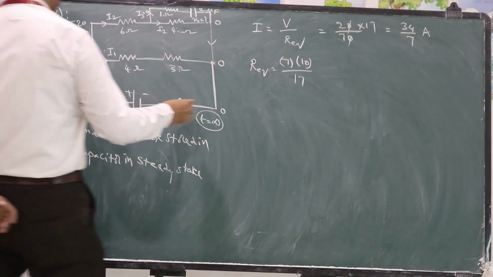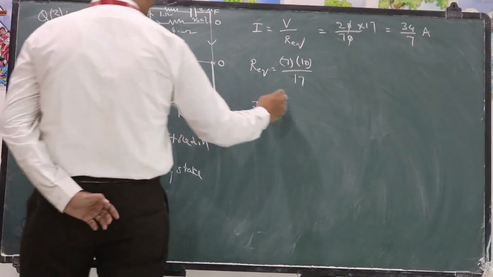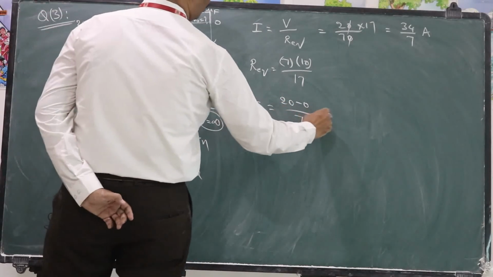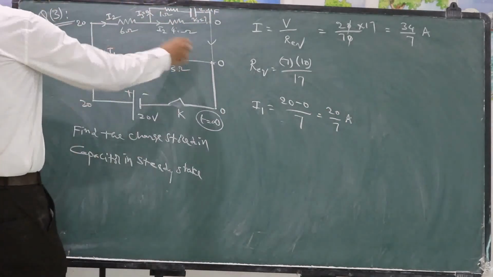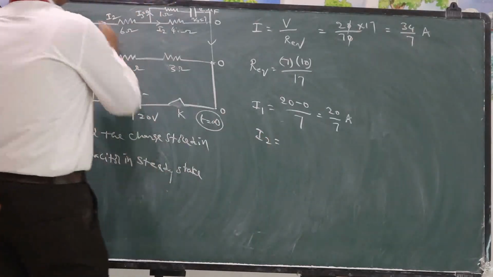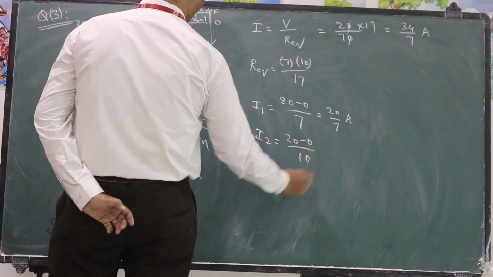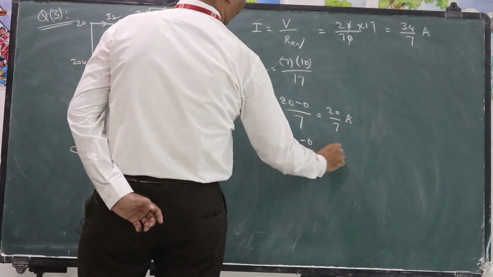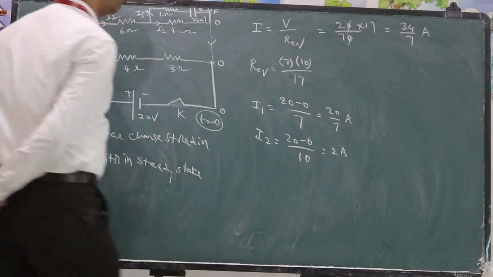I1 is the potential difference divided by the effective resistance of 7, so 20 by 7 amperes is the current passing through this branch. Similarly, I2 is 20 minus 0 by 10 ohms, both in series, so it is 2 amperes. If you add these two, again you get the total current, 34 by 7 amperes.